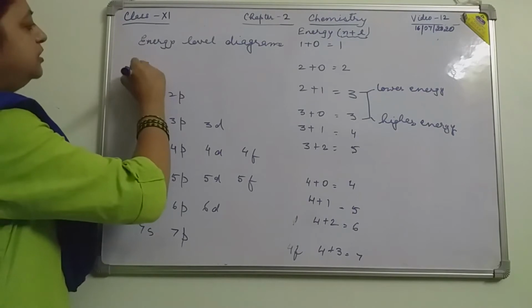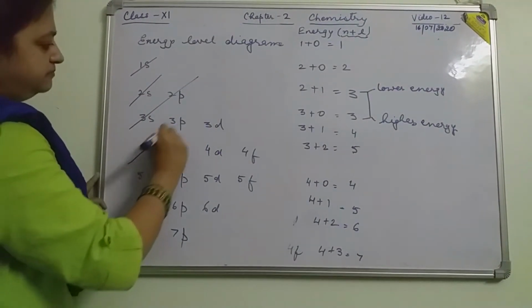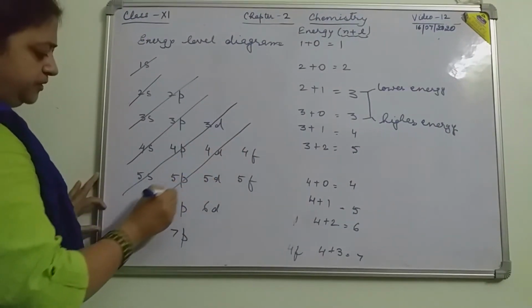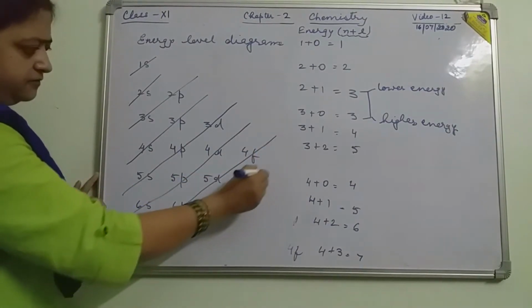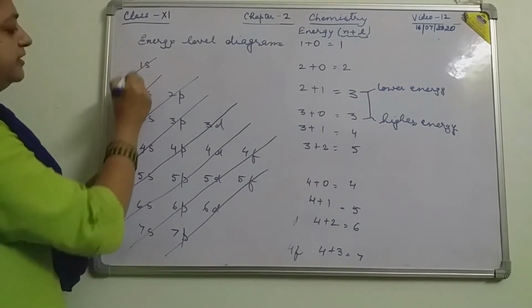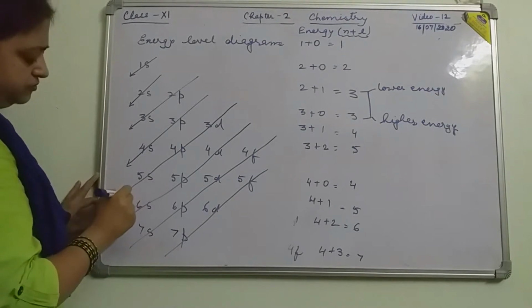Now cut diagonally like this: s, p and d; s, p and d; s, p, d and f; f, d, p. So this is the head and this is the tail of each arrow.